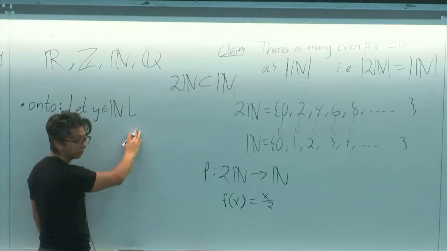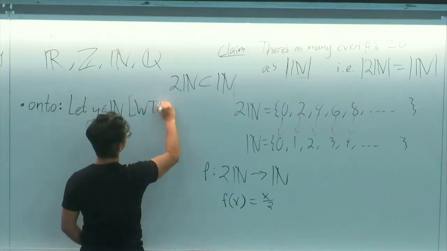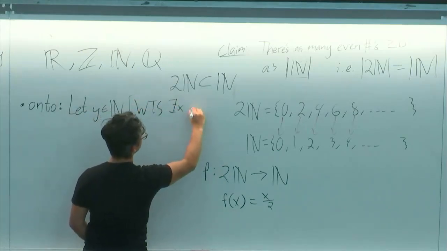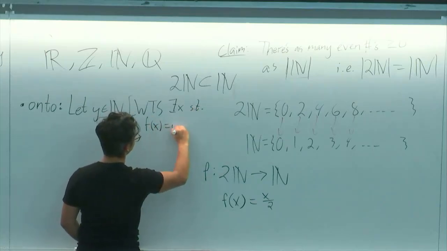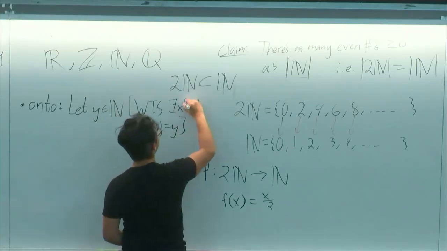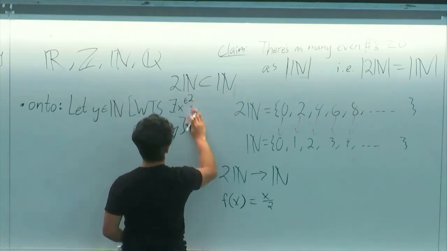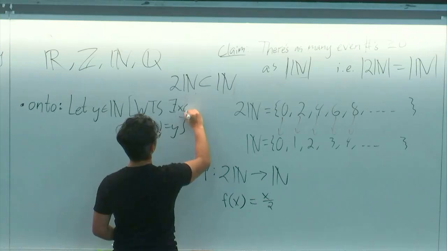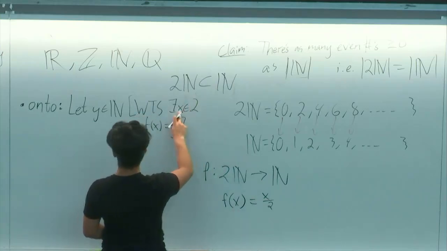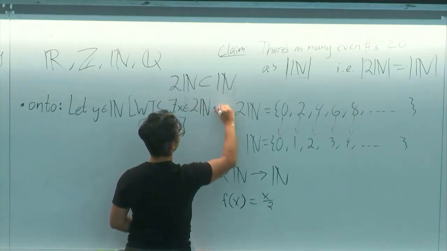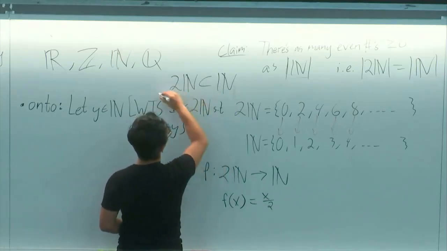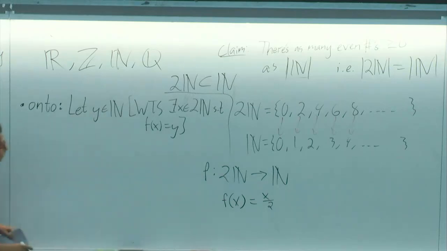What we want to show is that there exists an x in 2n such that f of x equals y.